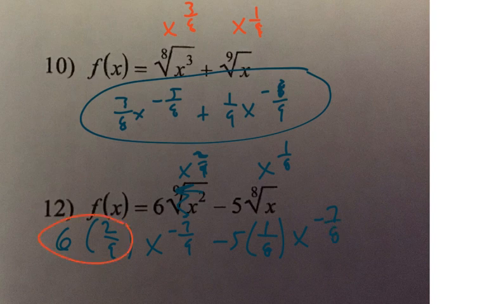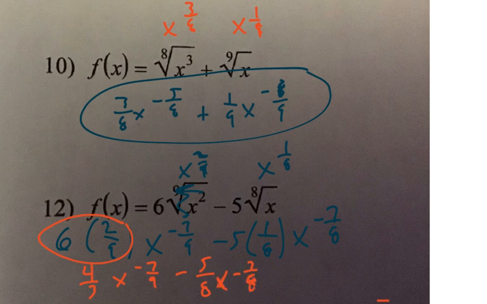So this is 12 over 9, but if I reduce that by 3, that's 4/3, I hope. 12 over 9, yep. x to the negative 7/9, right? Minus 5/8, x to the negative 7/8.